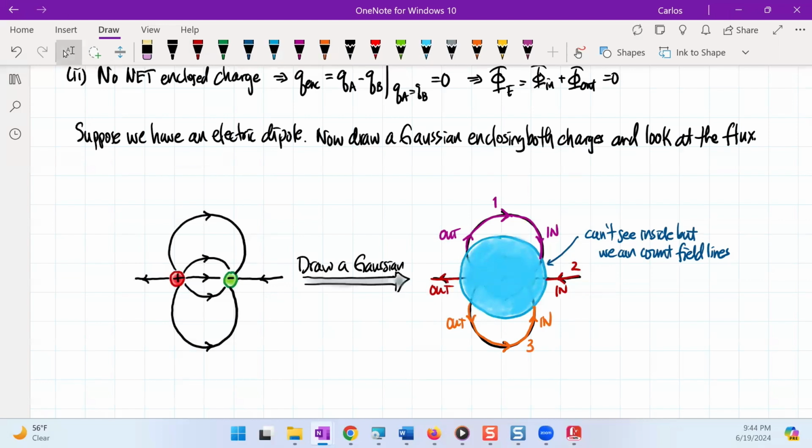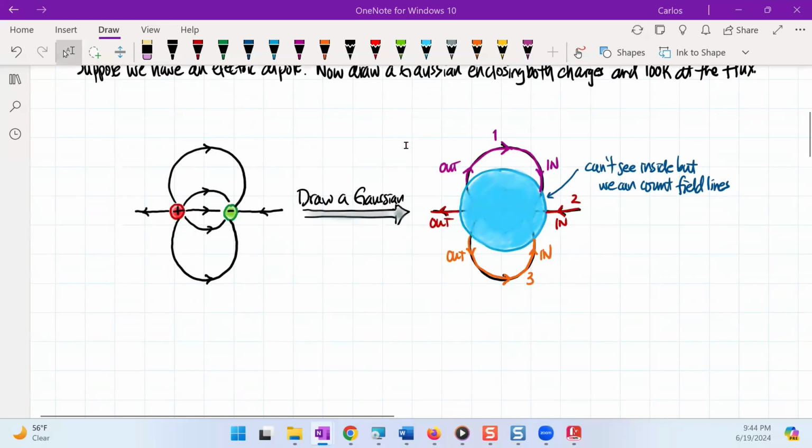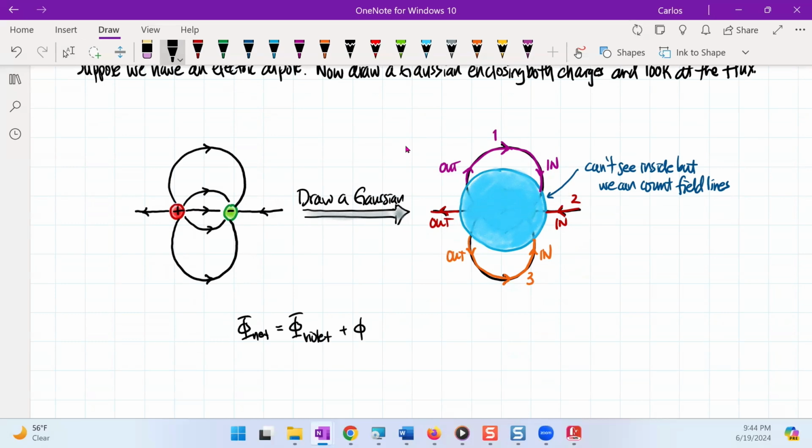So what I want to focus on is the net flux. I should see that it is the flux due to the violet, plus the flux of the red, plus the flux of the orange.